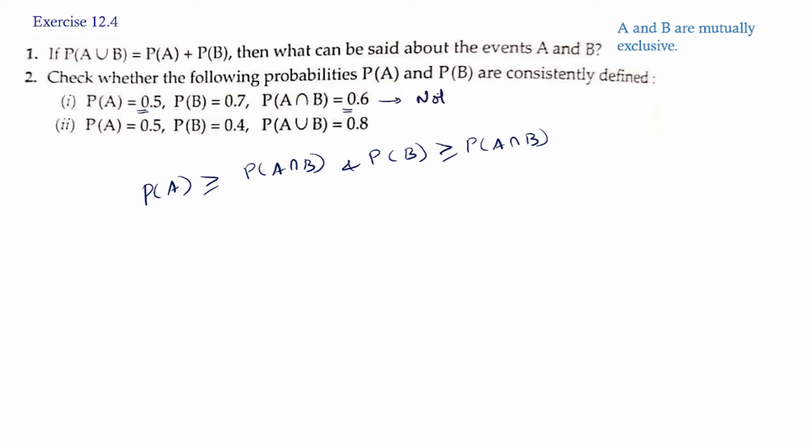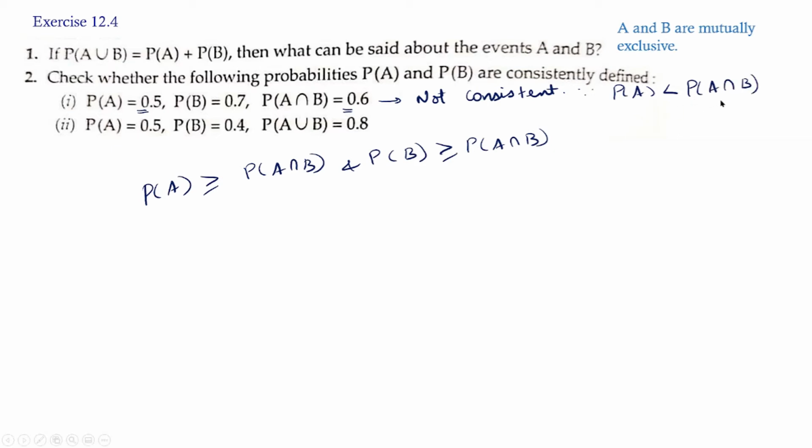This is not consistent, since P of A is less than P of A intersection B, because P of A cannot be less than P of A intersection B.